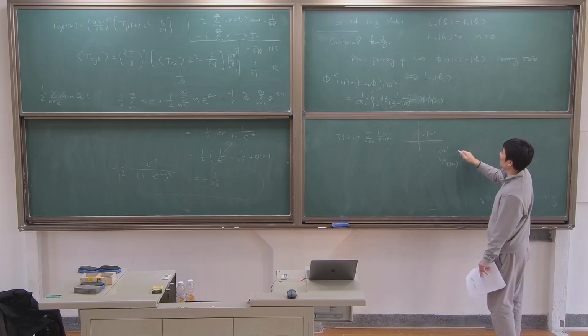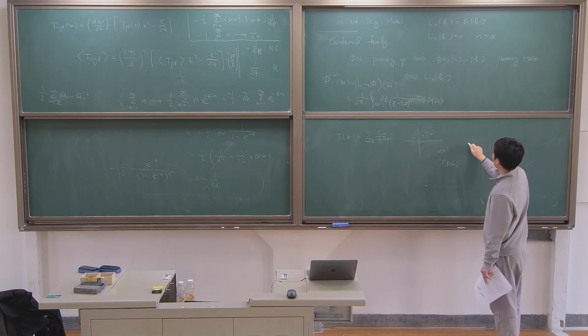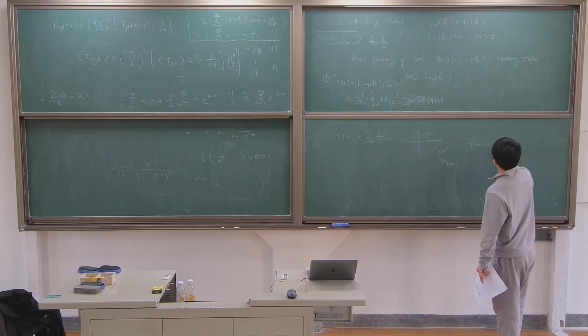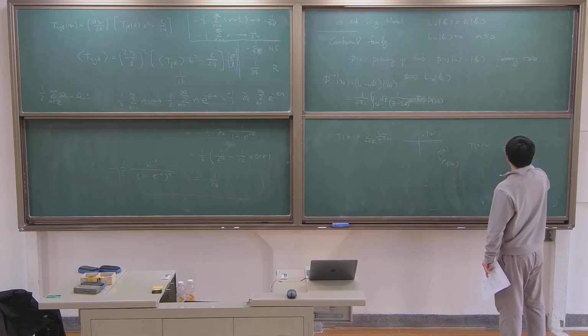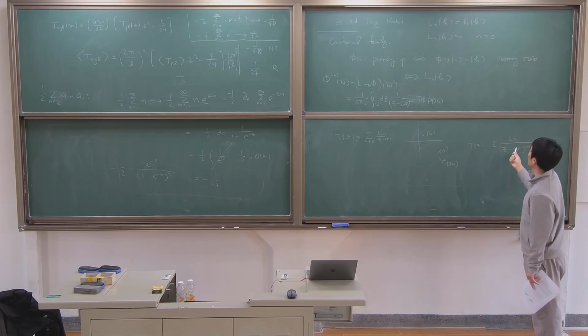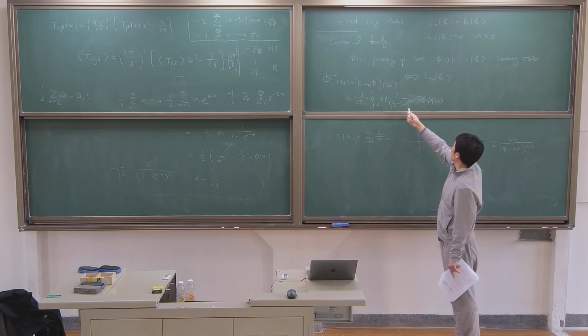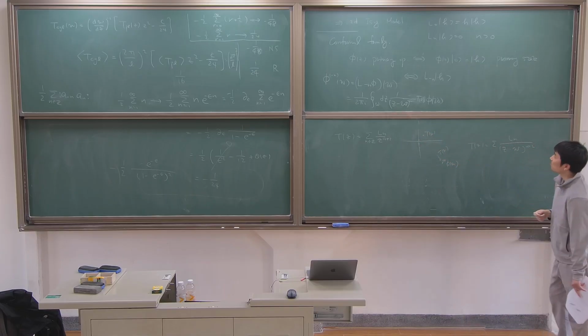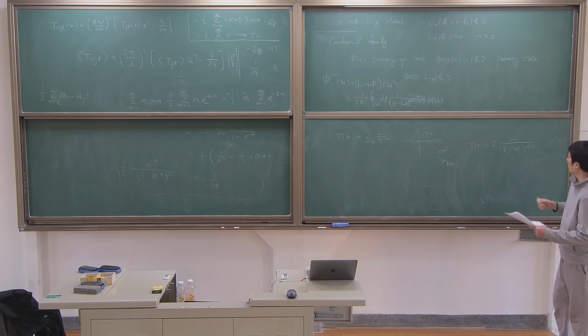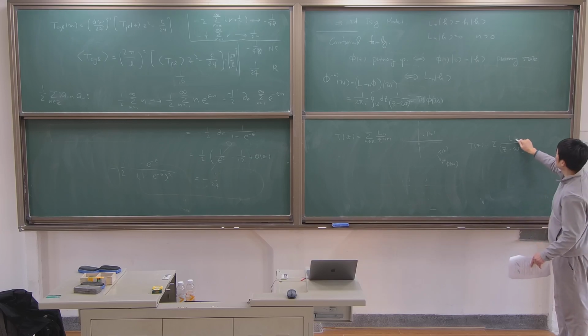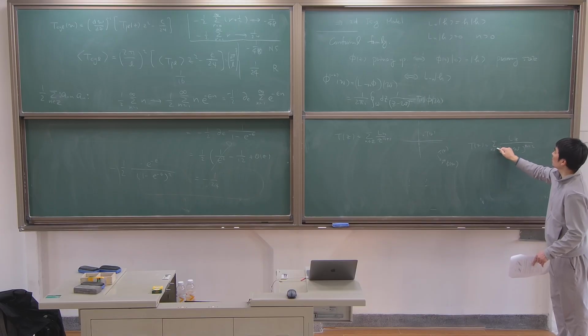In that case, T of z should be expanded around w as a sum of Ln times z minus w to some power. If you plug this in, maybe I should use k instead of m because the k is here.